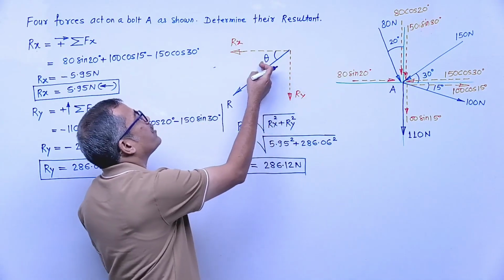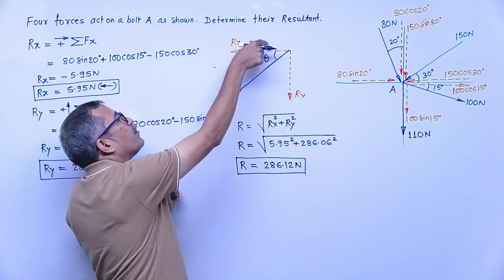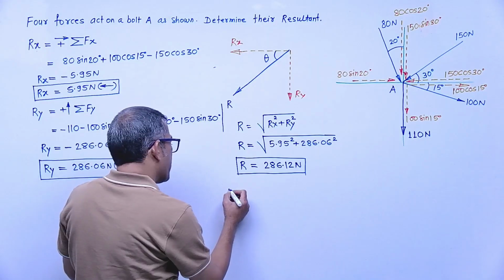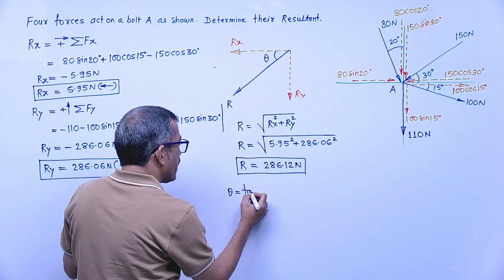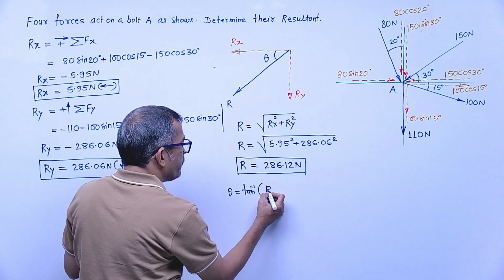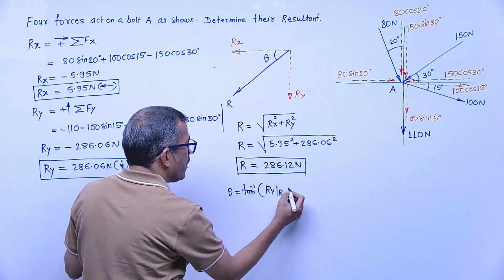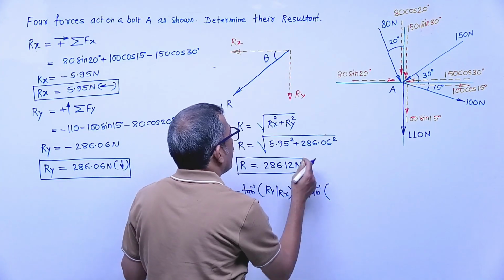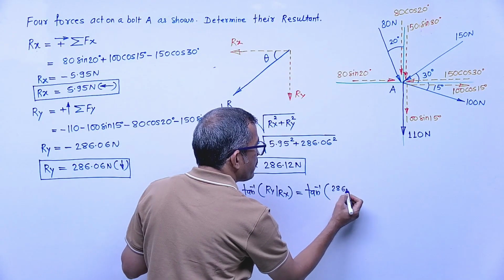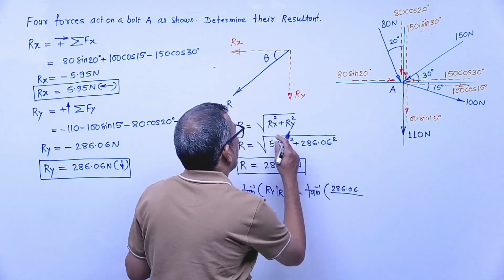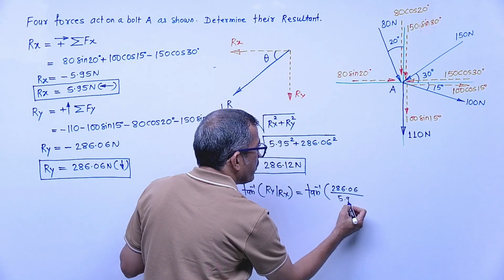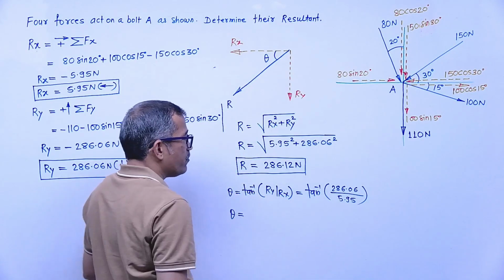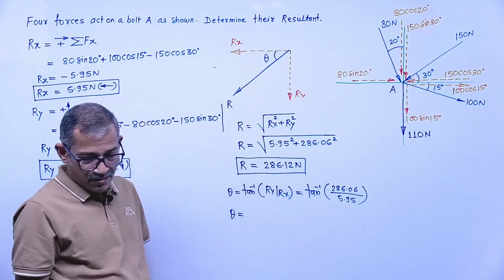How do we find the angle? Tan of this angle is opposite upon adjacent, so tan theta is Ry upon Rx, which means theta is tan inverse of Ry upon Rx. Substituting the values, theta is tan inverse of 286.06 divided by 5.95.